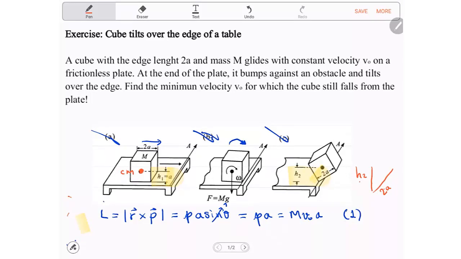Let me do it again. This is H2, right? This is 2A. This blue line is A. This blue line is A, right?